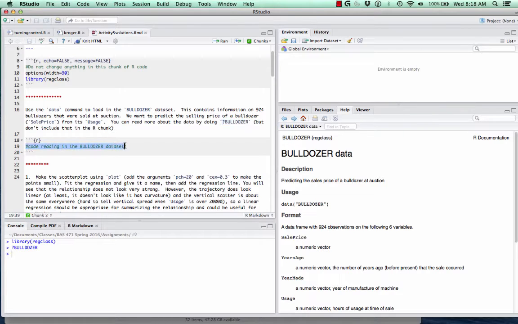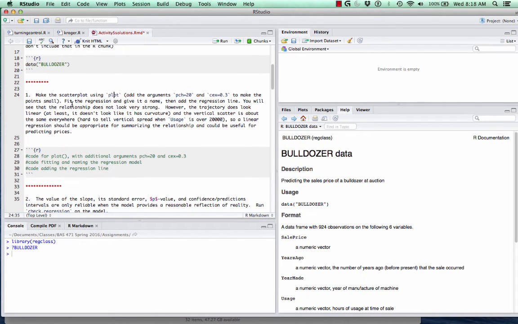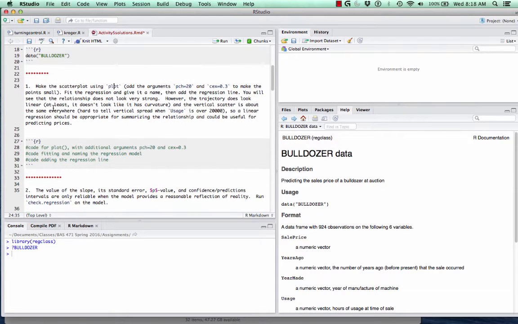All right, so we are going to load in the bulldozer data set. Question number 1 asks us to make a scatter plot of that relationship using plot, modifying it to add in some additional arguments to make the plot a little bit prettier than it maybe normally would be.